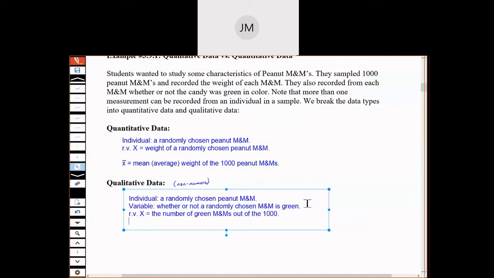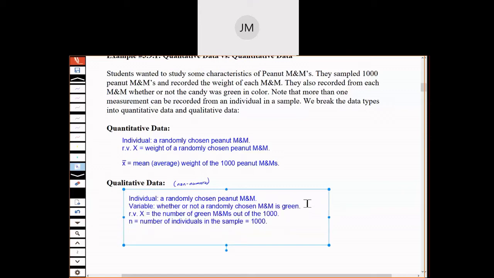Okay. N in this case is the number of individuals in our sample, right? And our individuals are M&Ms. So I can actually write that down. That's going to be 1,000. So the N is just 1,000 here.